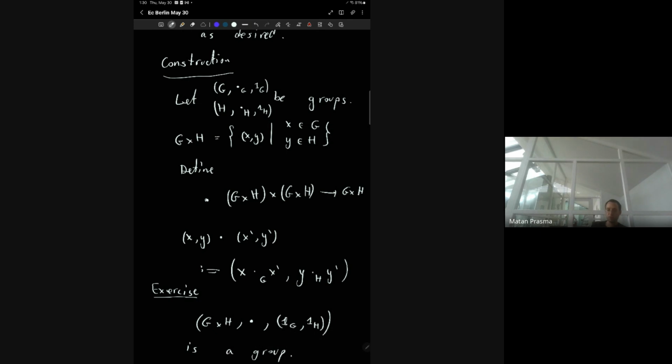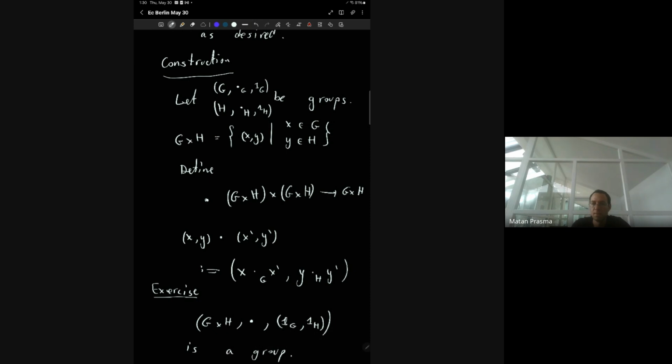It's very easy to check. All axioms follow essentially because they are valid in both G and H. Any questions before we take a break?